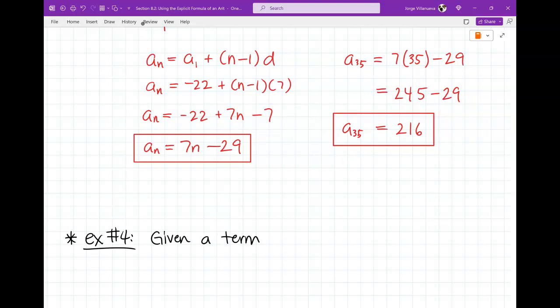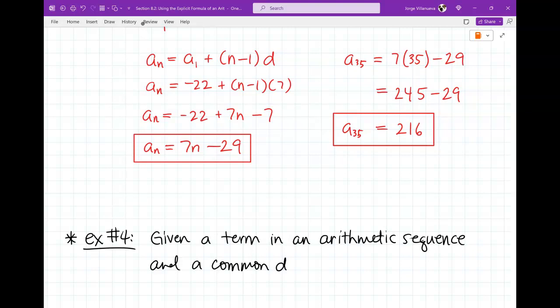Given a term in an arithmetic sequence and a common difference, find the term named and the explicit formula.